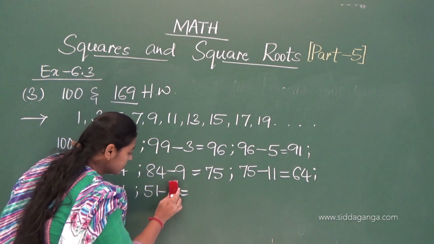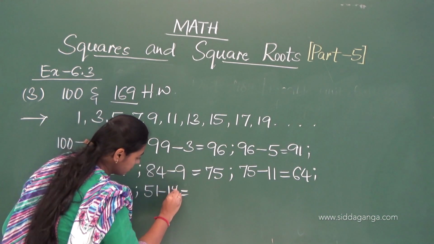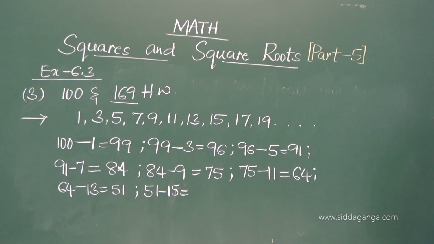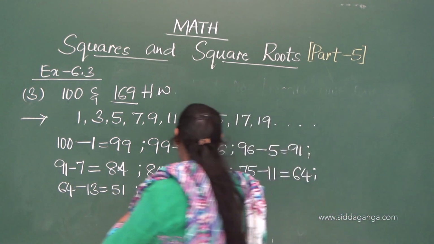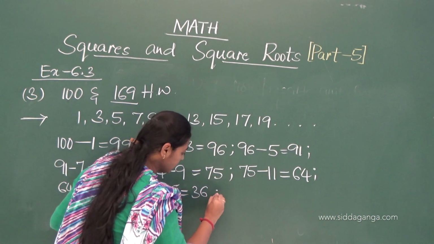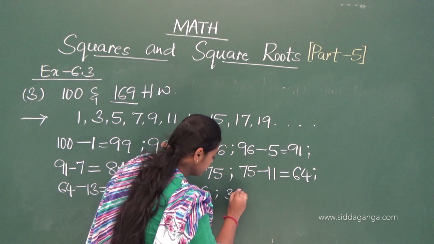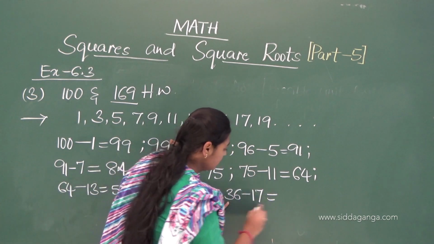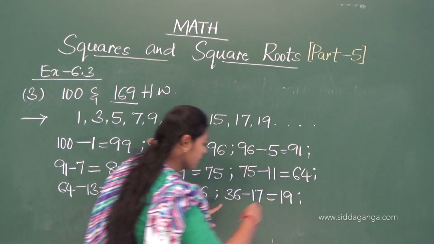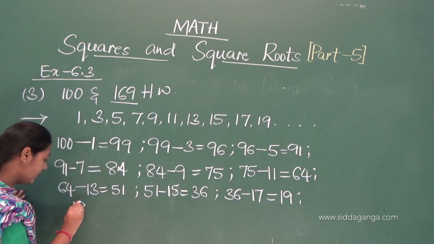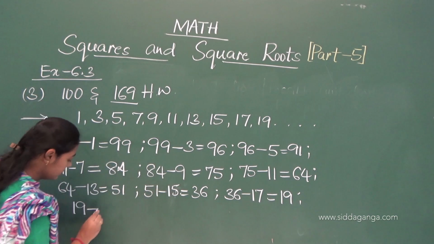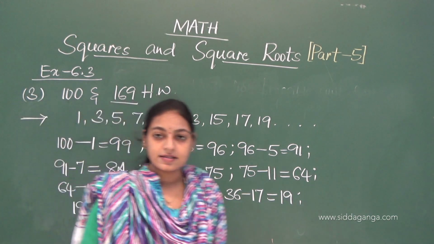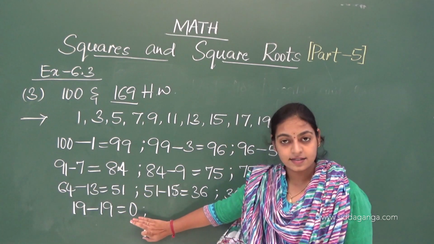Next odd number is 15. 51 minus 15 is equal to 36. Again 36 minus the next, 17, is equal to 19. Similarly, 19 minus 19 is equal to 0. We repeat the step until we get the answer as 0.